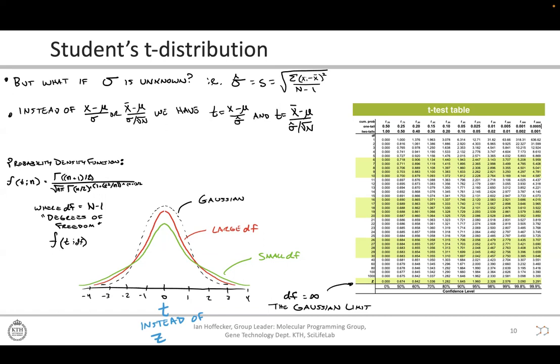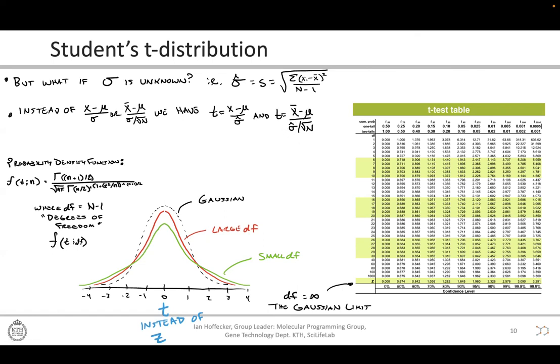This is a requirement to use the Gaussian distribution, but we don't have the population standard deviation. It's unknown. What we have instead is the estimator, our computed sample S here. And in this case, we then need to use a different distribution. So we have to use what's called the student's T distribution.